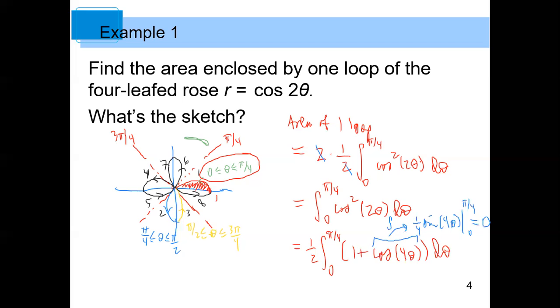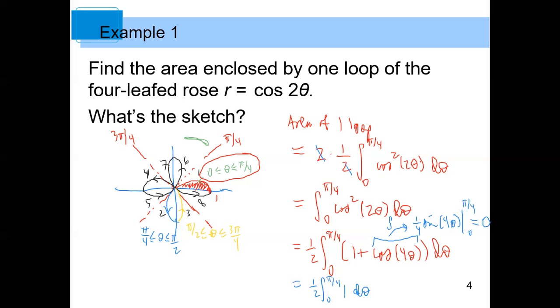So what does that part integrate to? 0. Okay? So in the end, interestingly, this is just 1/2 the integral from 0 to pi over 4 of just 1 d theta. That cosine part just integrates to nothing. And that happens a lot with these problems, okay? You end up having some remnant cosine thing that doesn't end up contributing anything.